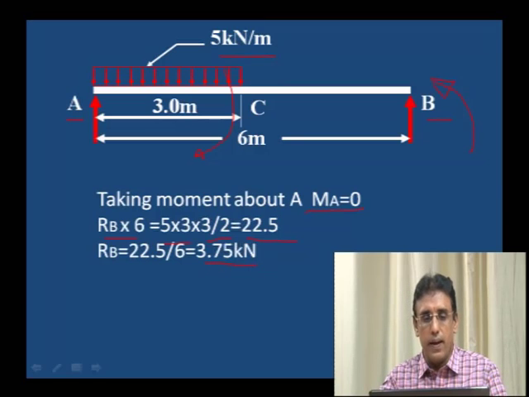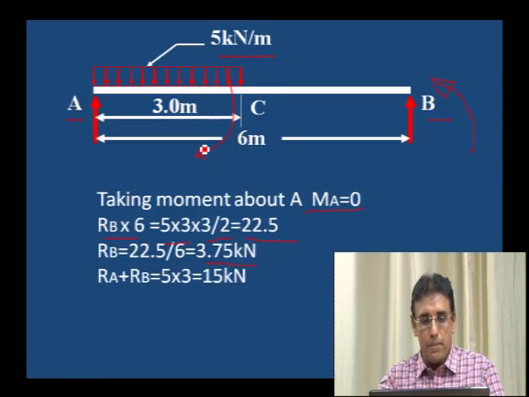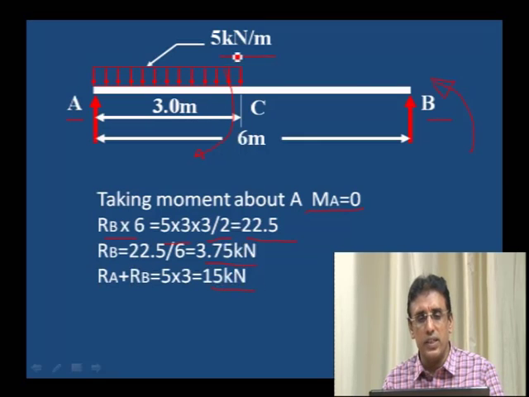To calculate RA, upward forces RA plus RB equal the downward force, which is 5 kilonewton per meter into 3. That is, the total downward force acting is 5 into 3, 15 kilonewton, because when a UDL is given, we have to convert it into a point load by 5 into 3.